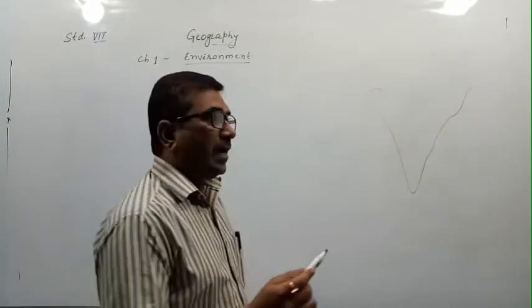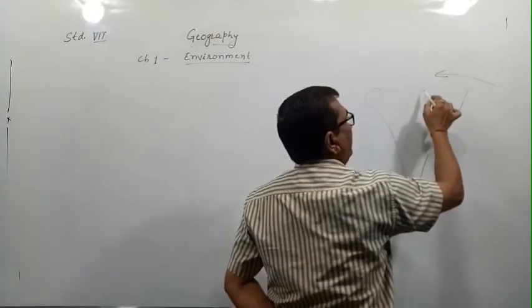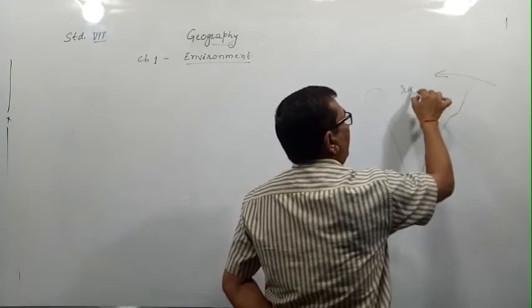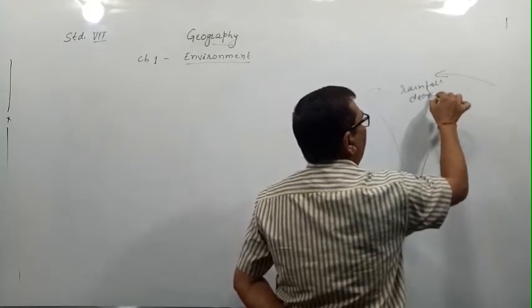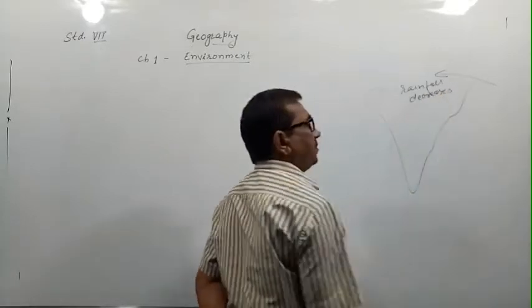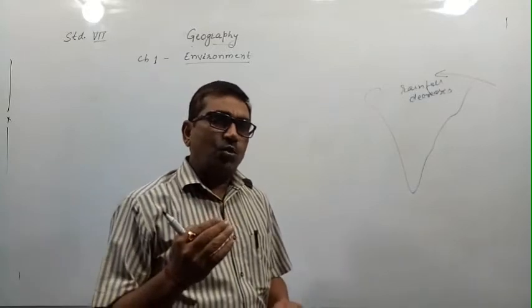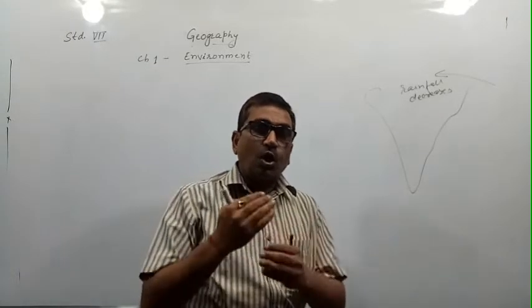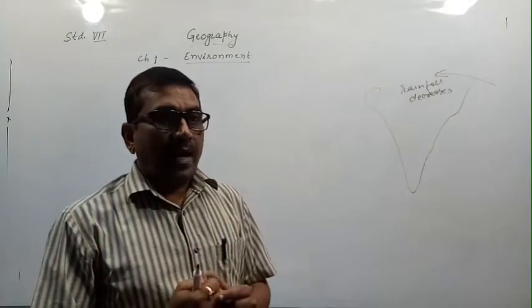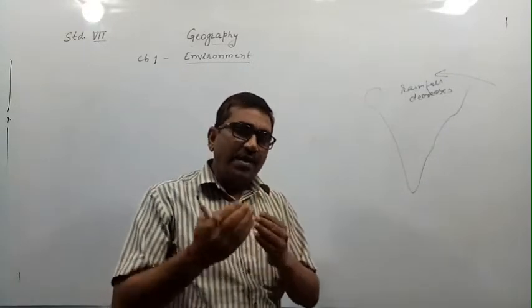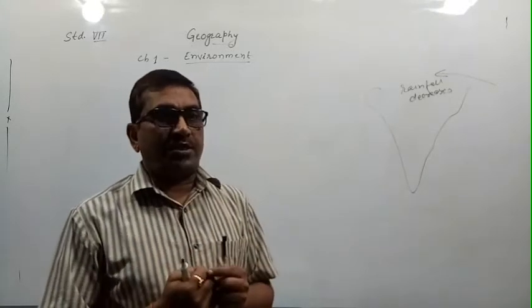We know that as we move from east to west, rainfall decreases. When the rainfall decreases, it also changes the crop patterns, the type of crop that is growing. And when the types of crops change, we find our food habit also changes.